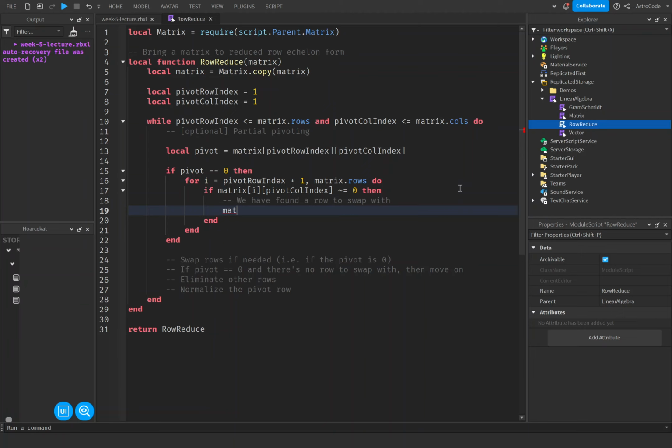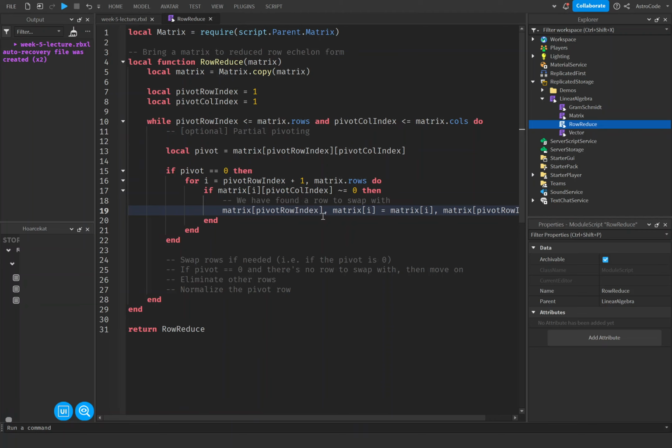And how do we do this in Lua? I think it should work if we just do, we swap this row with the ith row. Let's see. So we want to swap the ith row with the pivot row.